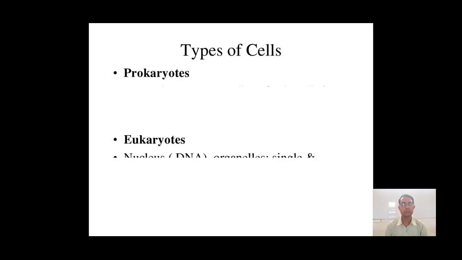Now move to the prokaryotic and eukaryotic cell. The word prokaryote comes from the Greek, with two different words included. The first word, pro, means primitive or undeveloped. So simply we can say that the cell which is not very much developed, we call it a prokaryotic cell.